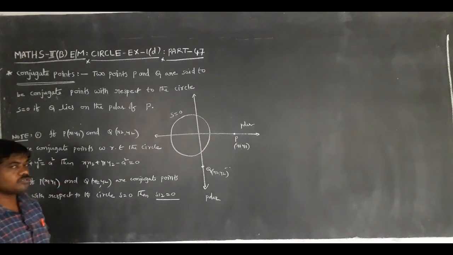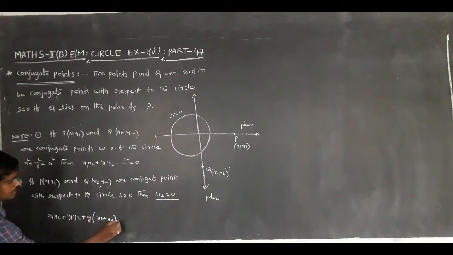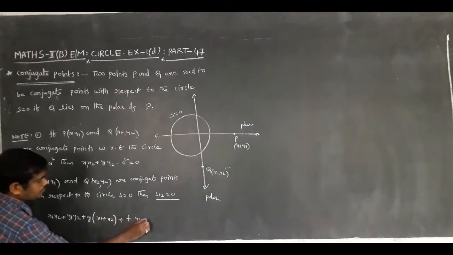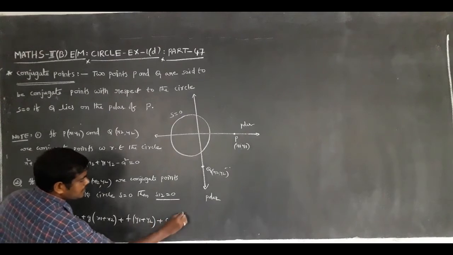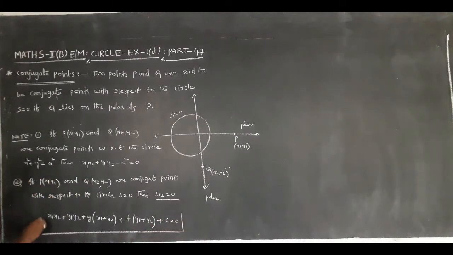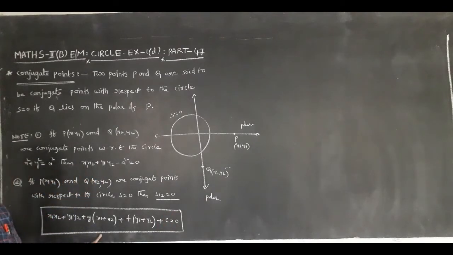S12 = 0 means x1x2 + y1y2 + g(x1 + x2) + f(y1 + y2) + c = 0. This is the S12.